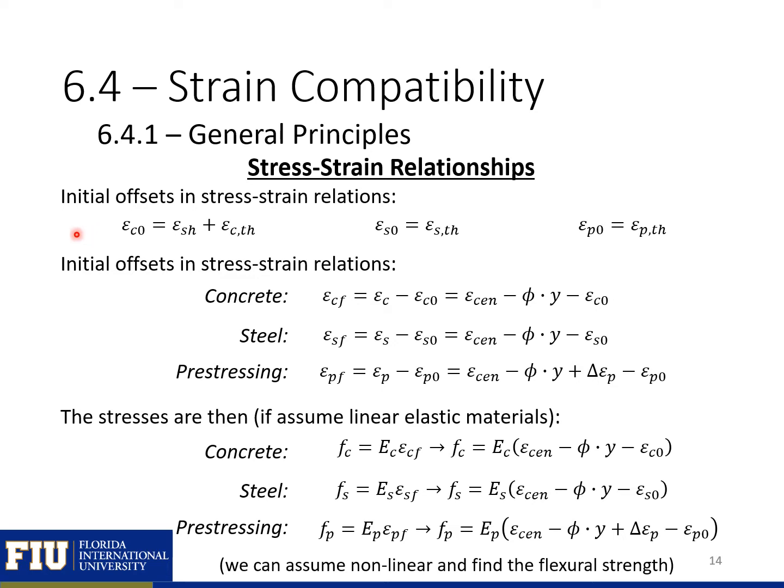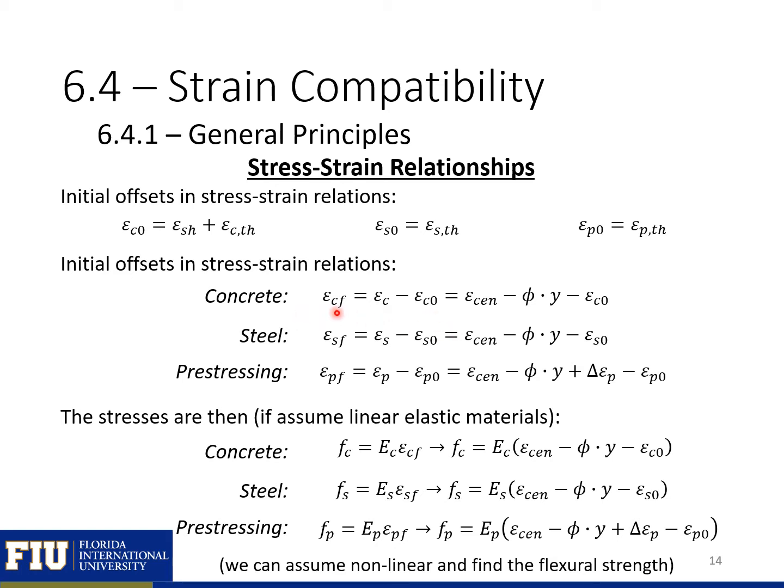With our stress-strain relationship, we can include any initial offsets to take into account shrinkage and our thermal effects. So we can include our epsilon C naught, epsilon S naught, and epsilon P naught for shrinkage and our thermal strains. And we can include these components to offset our stress-strain relationship. So this just helps us relate our strain that causes stress in the concrete to the actual strain at that level where we're checking the stress.